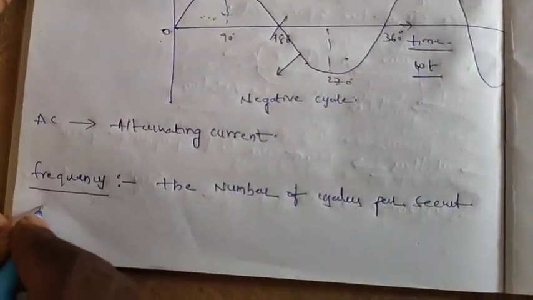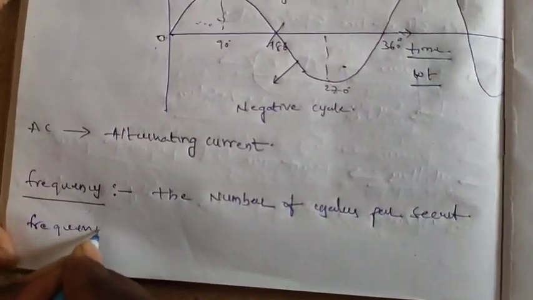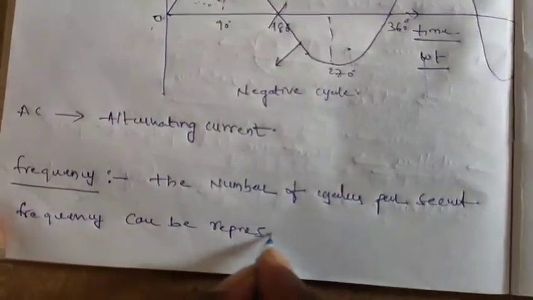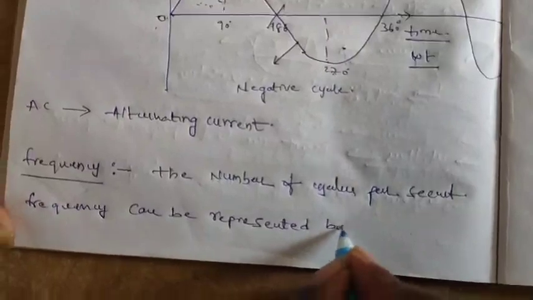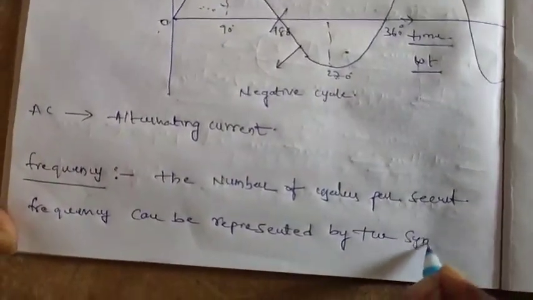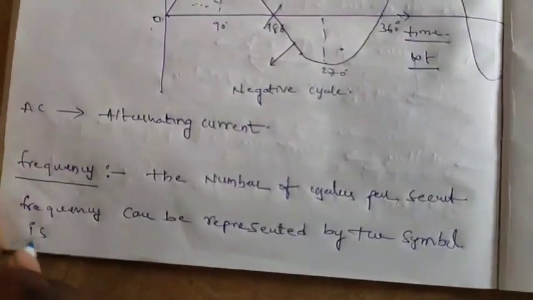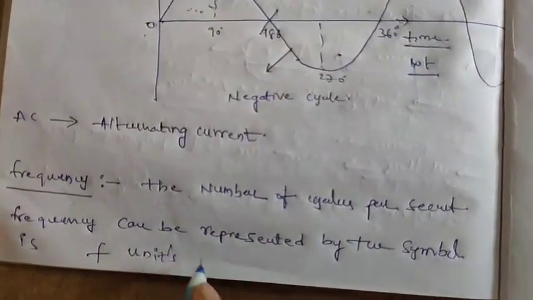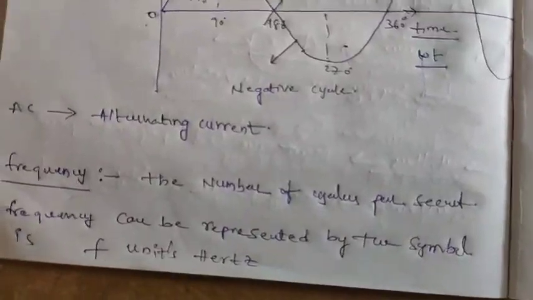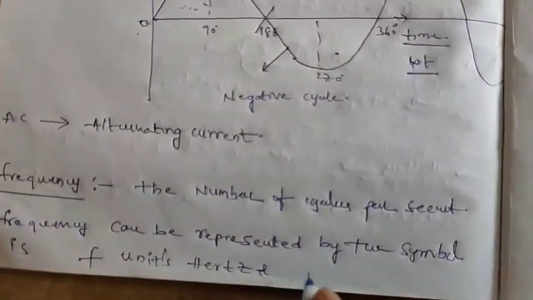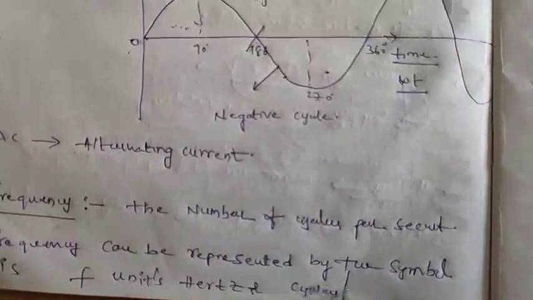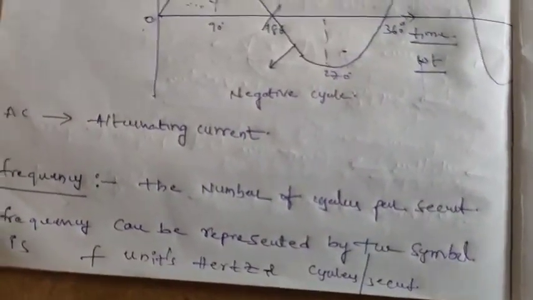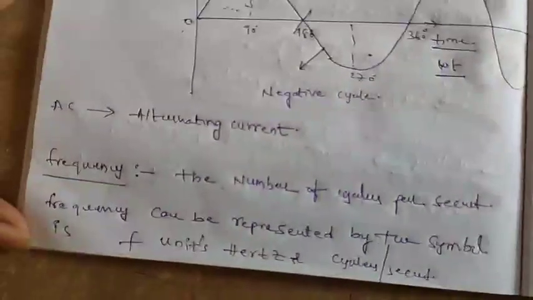It is represented by the symbol F, and the unit is Hz, or cycles per second. This is called frequency.